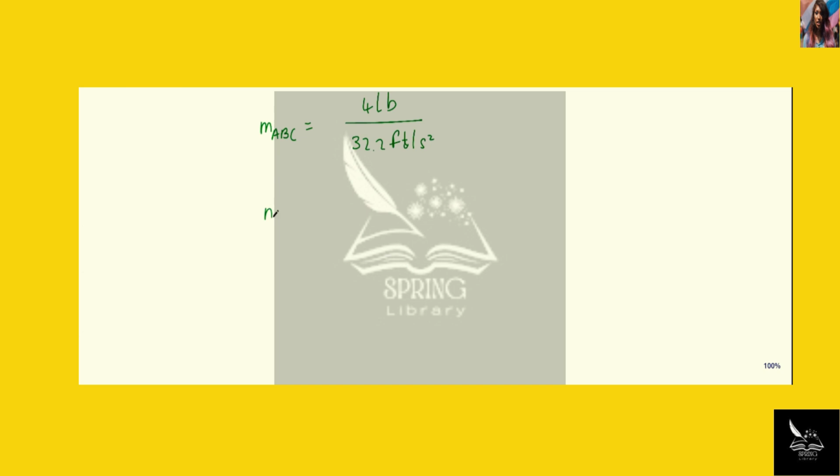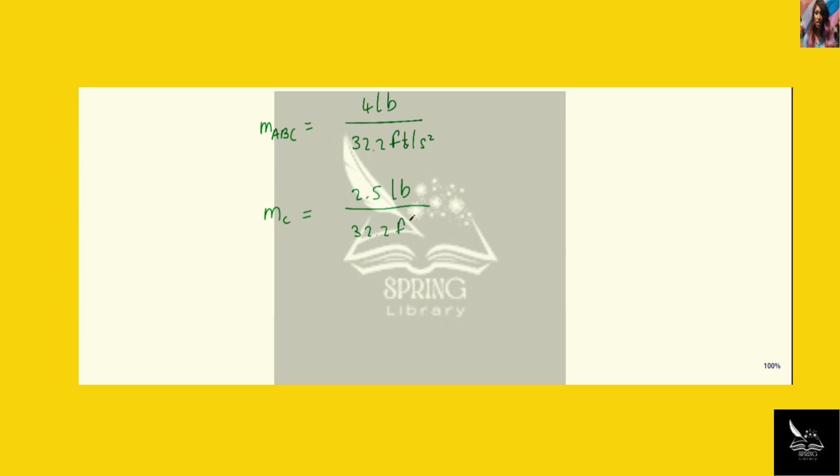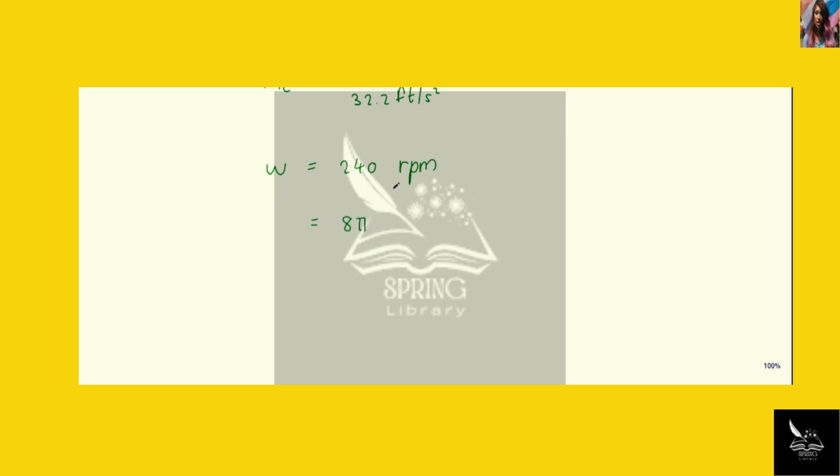We're also given the masses of disks A and C, which is, again, its weight, 2.5 pounds, over g, 32.2 feet per square second. And finally, the angular velocity of the rod after the impulse is 240 revs per minute, which works out to 8 pi radians per second. Remember, one revolution is 2 pi radians.